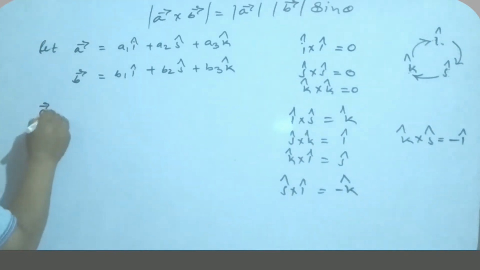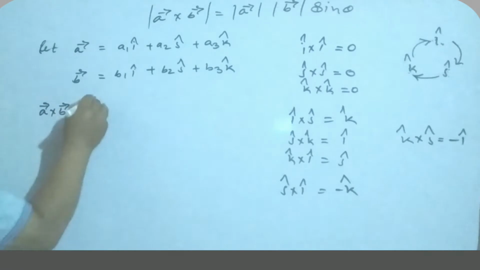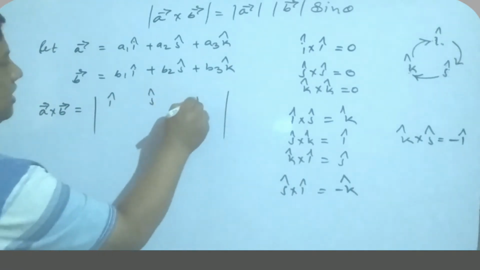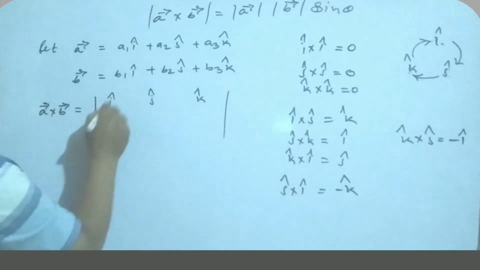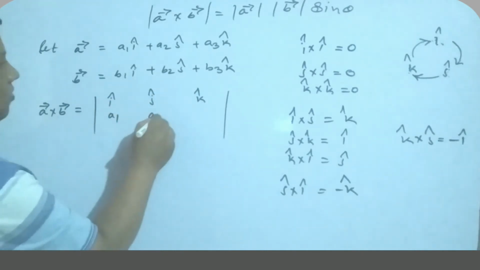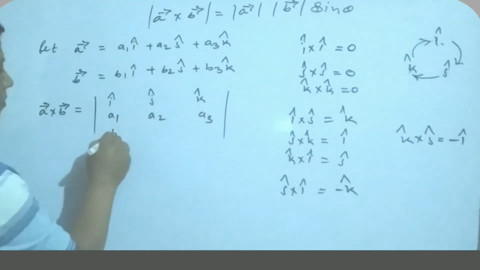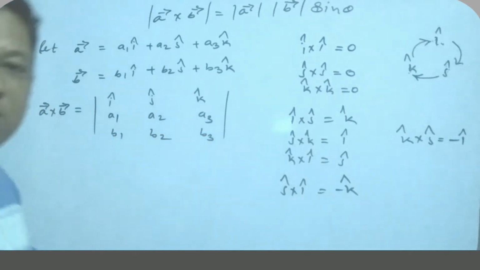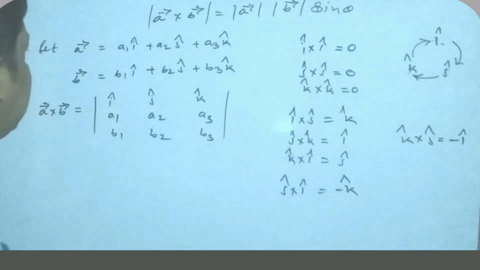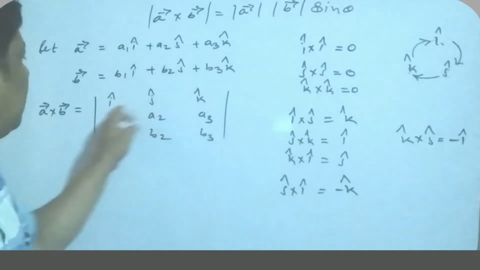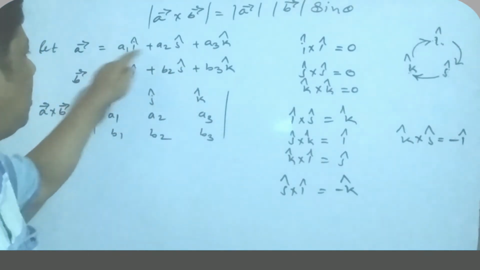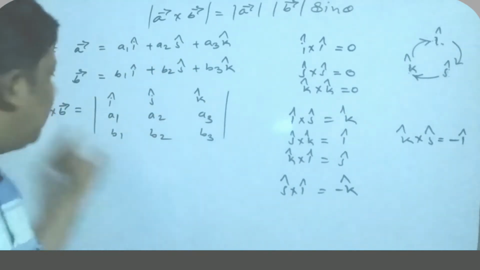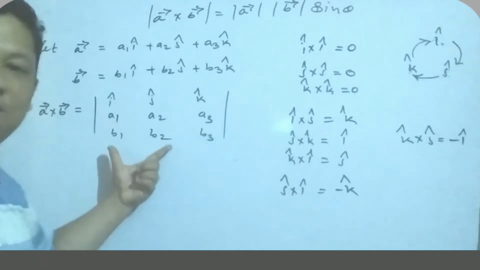Then A cross B is defined as the determinant with rows I, j, k, then the coefficients A1, A2, A3, and B1, B2, B3. Okay, my students. You have to write like this, and it is called the cross product, and it is the determinant.